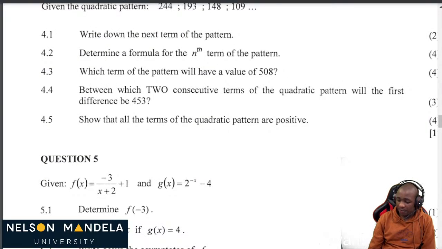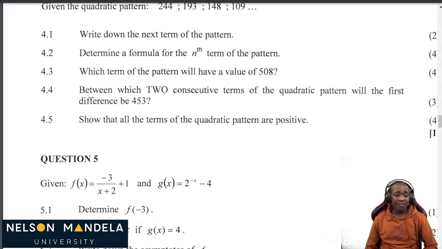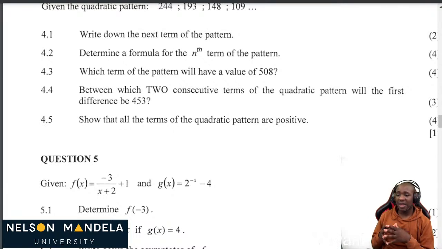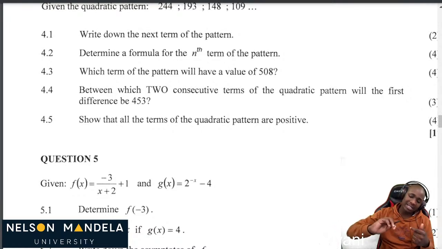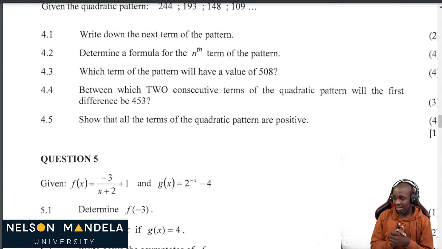Now, doing 4.5. On our 4.5, we are told to show that all the terms of a quadratic pattern are positive. So in other words, we have to show that our general formula is positive, because that's the only way we can show that the quadratic pattern is positive. So it must be greater than 0.